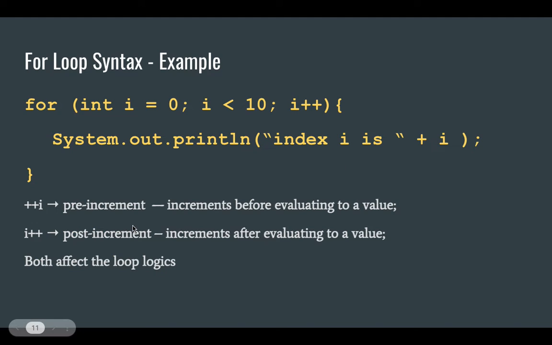Again, here's the typical example: for int i equals 0; i is less than 10. This is the conditional expression. It has to resolve to a Boolean response, true or false. And then the part that increments it.